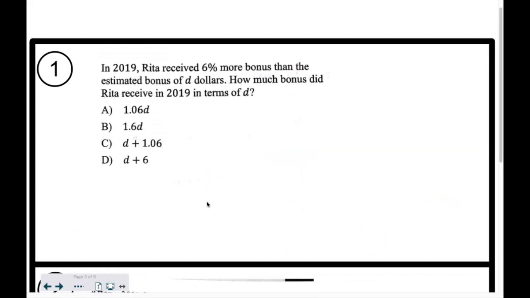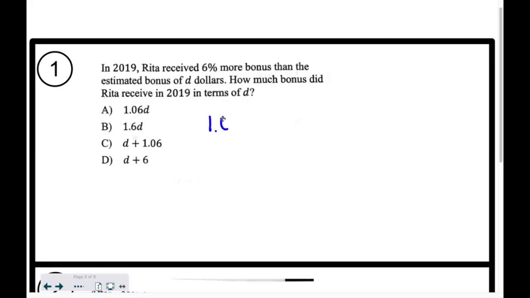So here in number one, Rita received 6% more bonus than the estimated bonus. All right. So there's two ways to increase something by 6%. The long way would be to find 6% of it and add it to the original. The shorter way would be to just imagine that the original is 100%. So increasing it by 6% is like multiplying it or figuring out what 106% of it is.